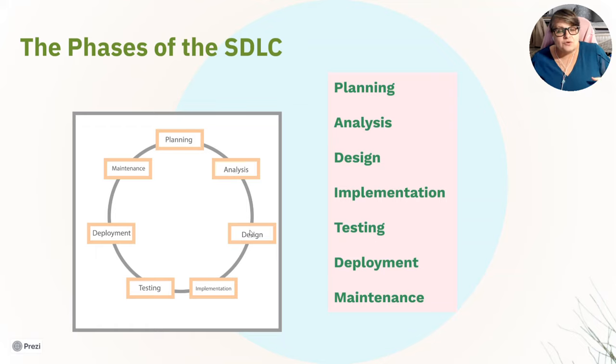And you set those kinds of requirements during design before you implement the programming and do testing. As you can see, this process after deployment and maintenance loops back around to the beginning where you can do another feasibility study and end up creating like an iterative loop of versions. Those phases that they usually recommend in the SDLC are planning, analysis, design, implementation, testing, deployment, and maintenance.